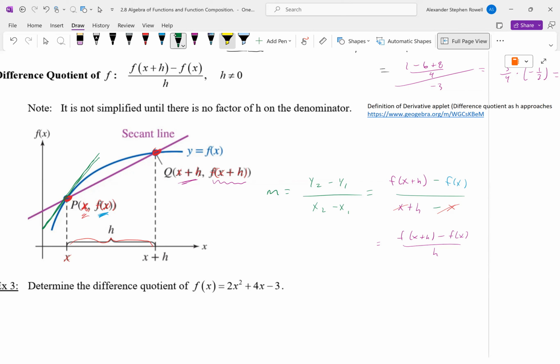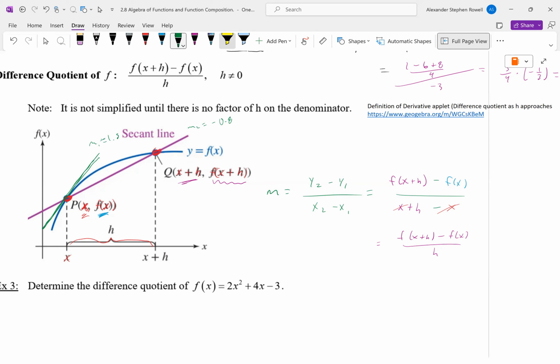If you had to estimate it, what would you say the slope of the green line is? Is it maybe slightly larger than 1? Maybe 1.5? What's the slope of the purple line? Slightly less than 1? Negative 0.8, something like that? Okay, the trick that we use is we say, let's just make h a little bit smaller. We move over here.